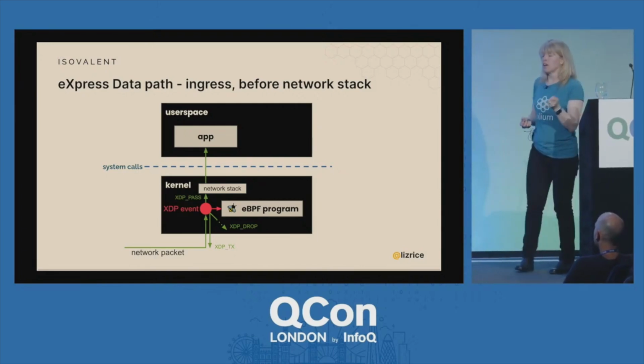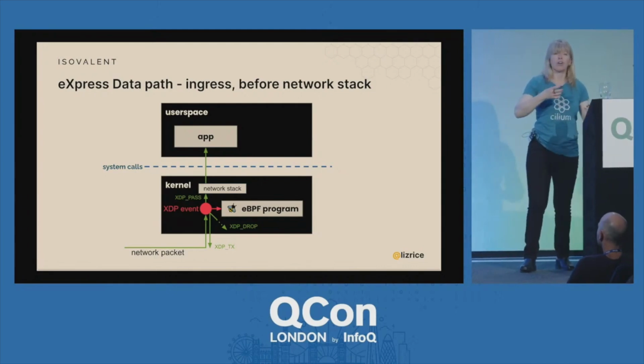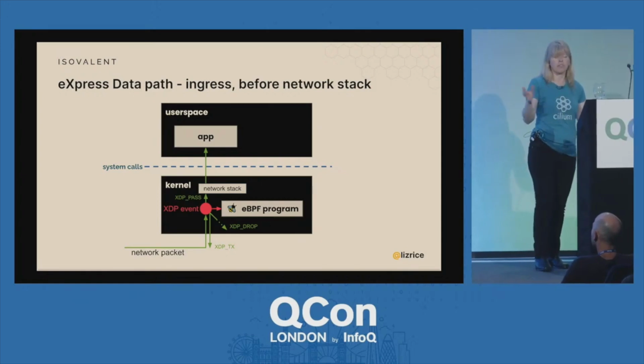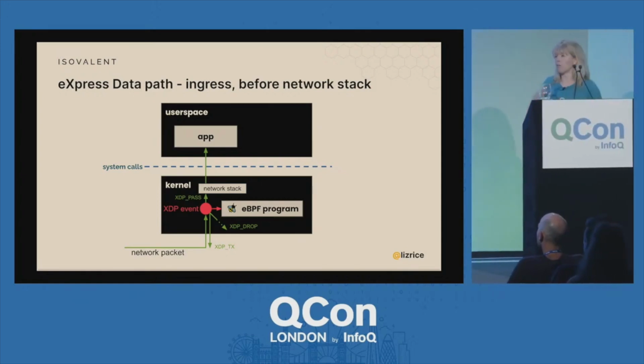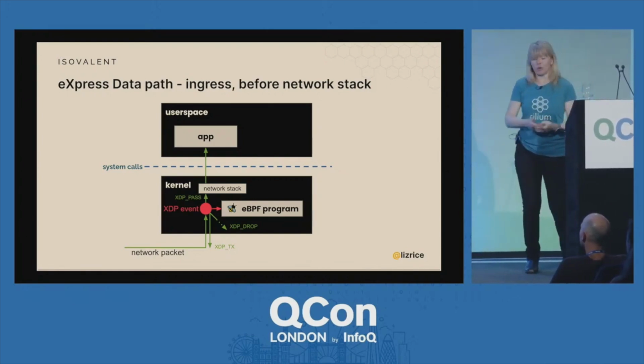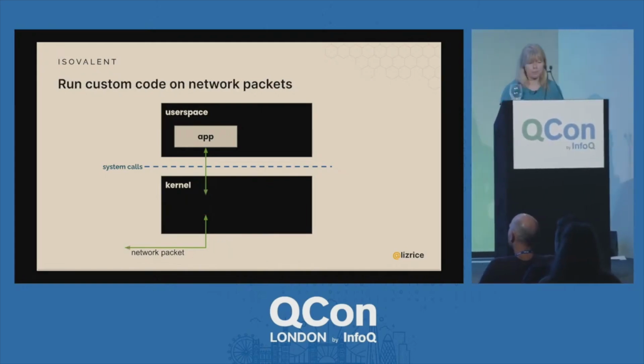In fact, some network cards support what's called hardware offload, where you're allowed to run the XDP program on a network card. So the program can be run, and you can customize the behavior of the networking stack without even touching the networking stack, doing it on the network card.